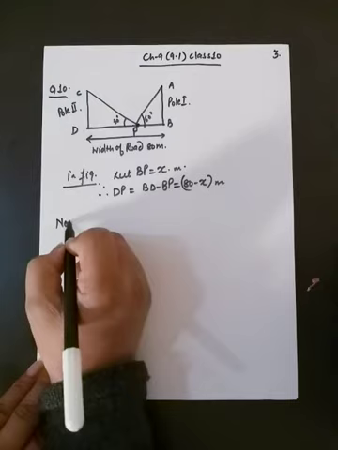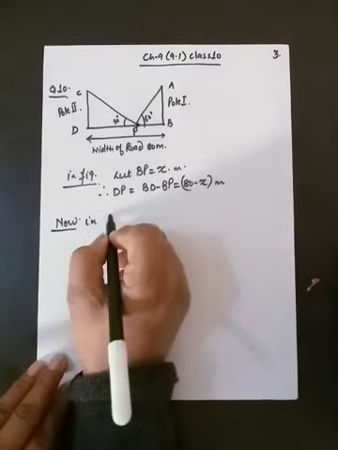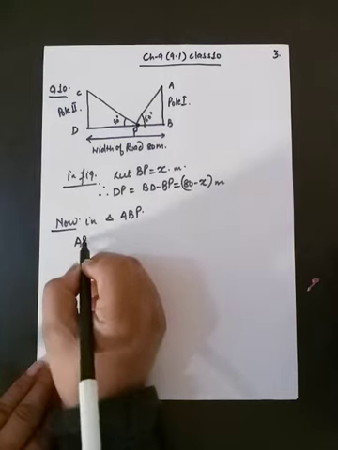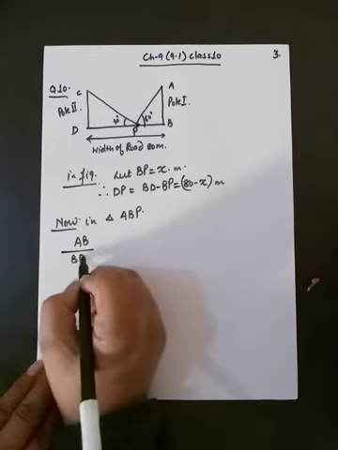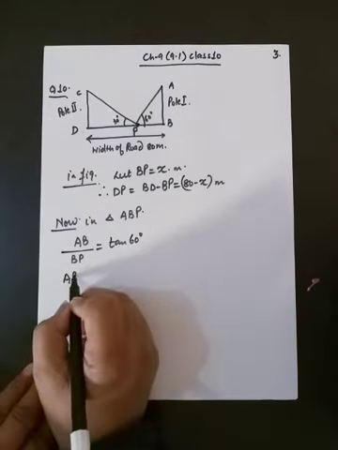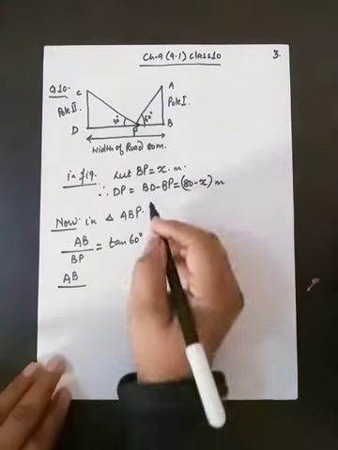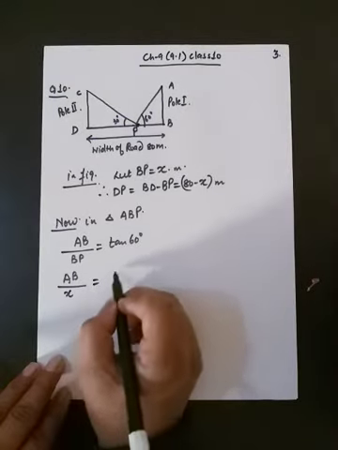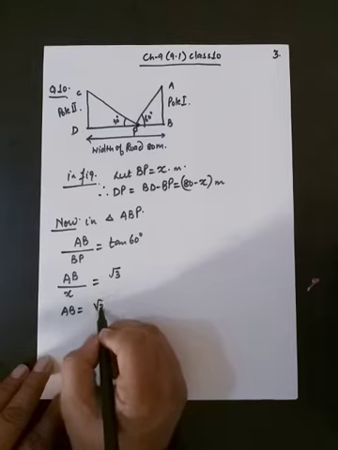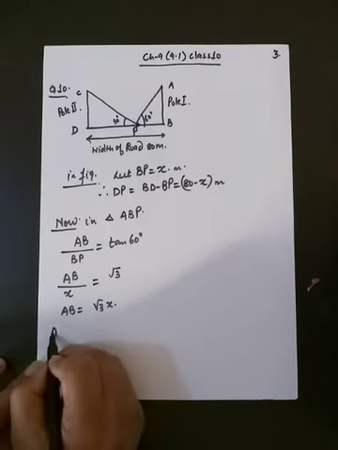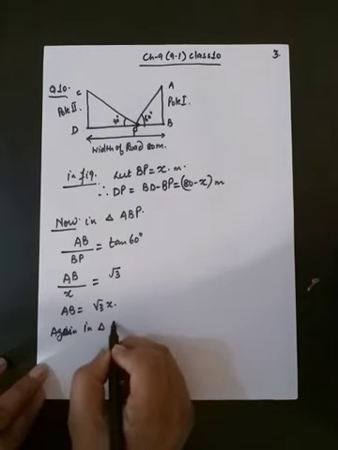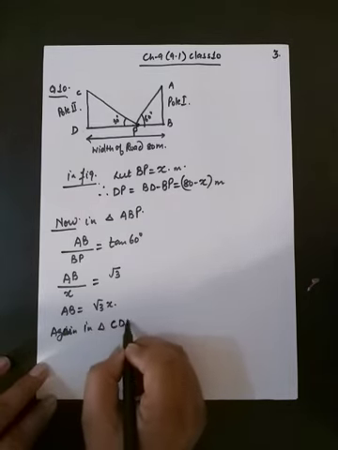Now we can take any of the triangles. In triangle ABP, AB by BP is equal to tangent 60. BP is x and tangent 60 is √3. So AB is equal to √3x. Again, the second triangle is CDP.